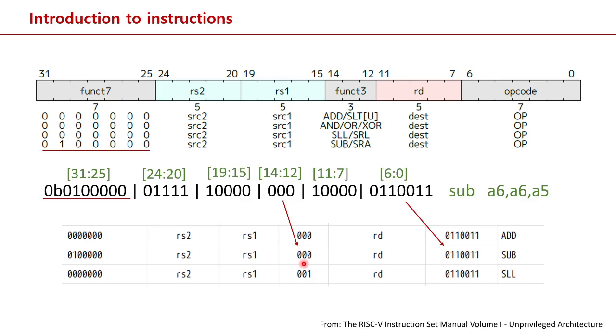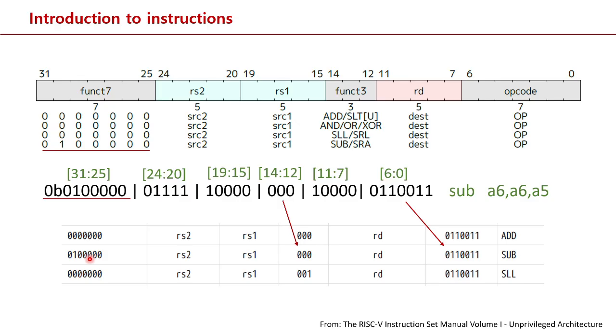Then 0, 0, 0 can be seen in this table. But the ADD assembly instruction has the same value in function 3. In order to check the more detailed operation of this machine code, we should refer to the bit field of function 7, the 25th to 31st bit. In this case, this binary value can be found in this table.